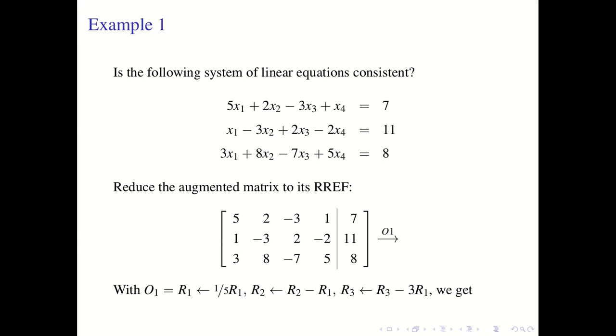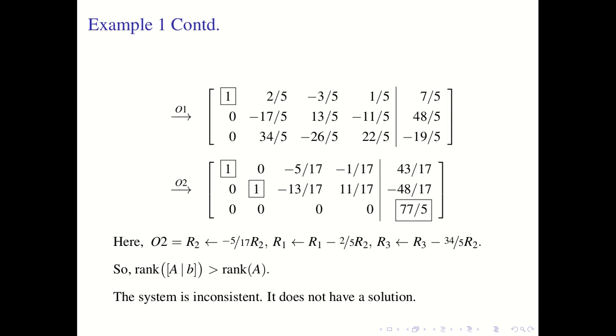The first set of operations: r1 goes to 1 by 5 r1, r2 goes to r2 minus r1, and r3 goes to r3 minus 3 r1. In the second and third operations, r1 denotes the modified r1, after dividing by 5. After doing this, we get the next matrix, and then apply the next set of row operations.